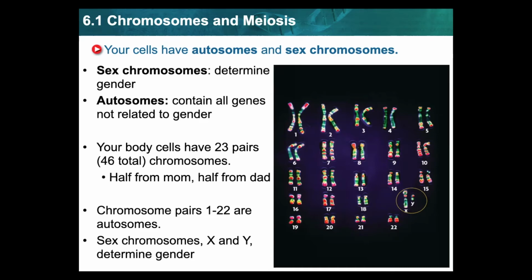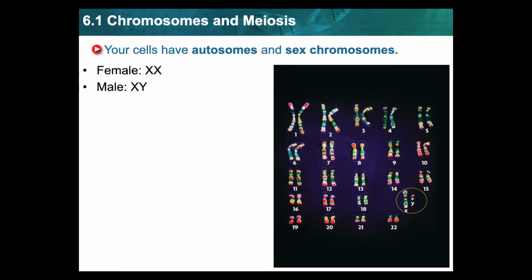They also have control over things like blood clotting factors. Also for things like immune system. So there are several things they control besides just female characteristics. So female XX, male XY.